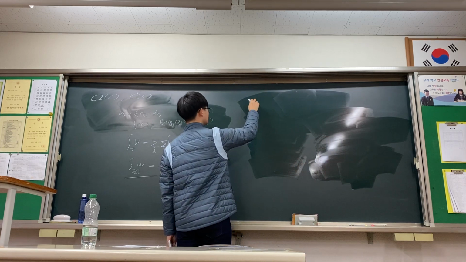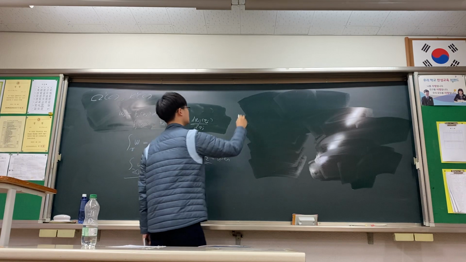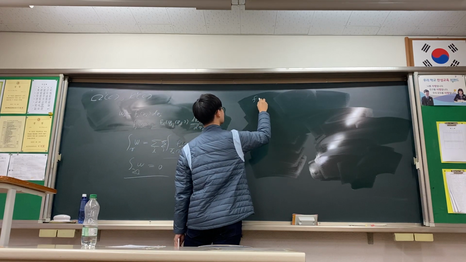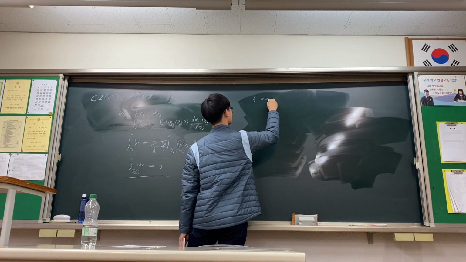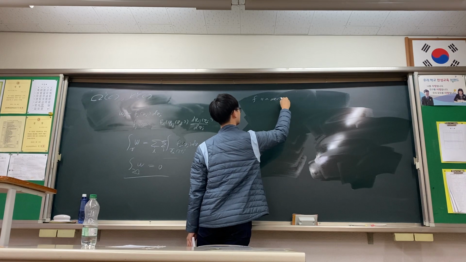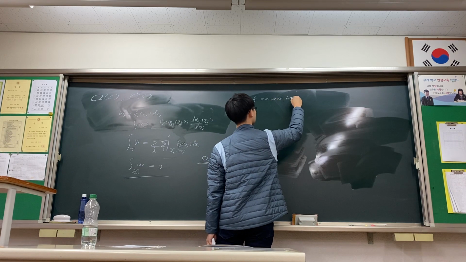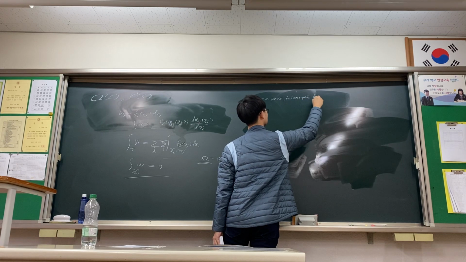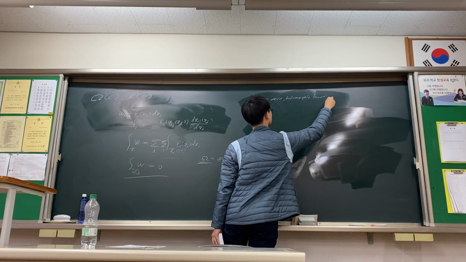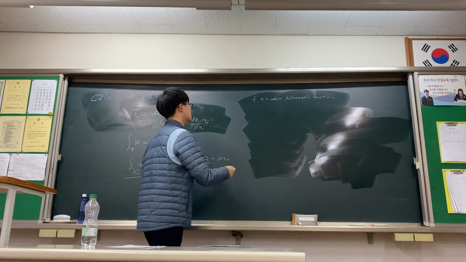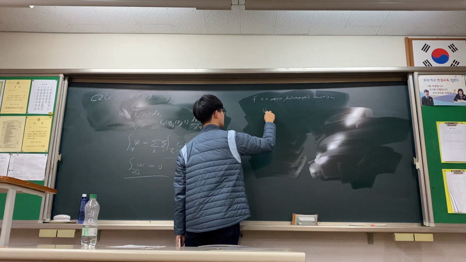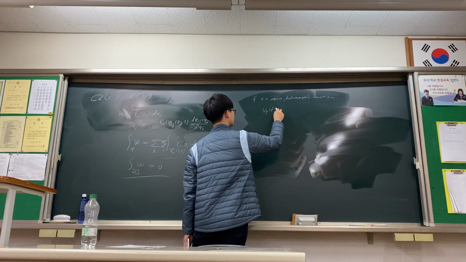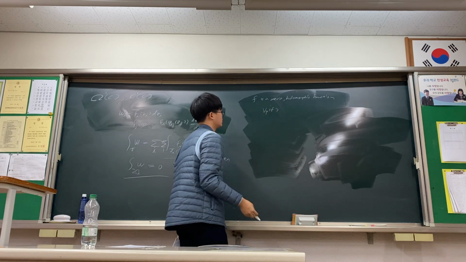So we define multiplicity. Suppose f is a meromorphic or holomorphic function. Then we define the multiplicity at p in terms of a coordinate chart.